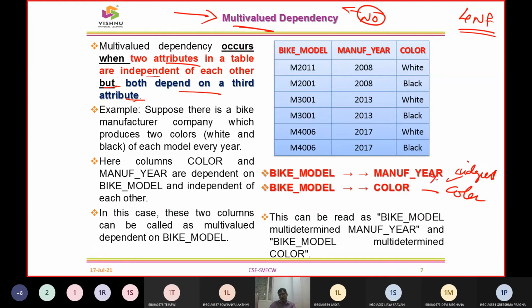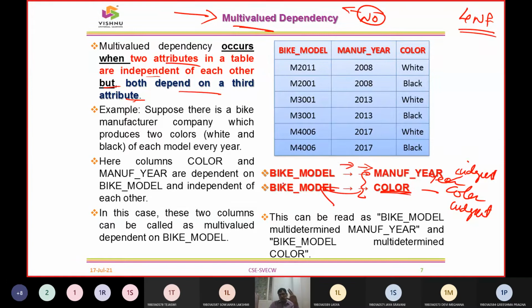Color is also independent. Two independent attributes, but both of them are going to be taken up to a single entity, bike model.